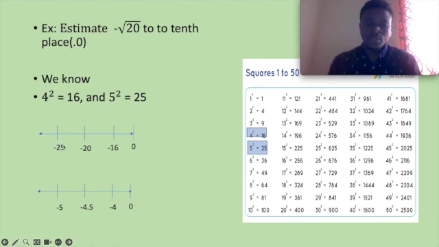Don't worry about the squaring, because when we square numbers, it always comes up to be positive. But because we're working in a negative range here, we're not going to worry about that right now. So to solve this problem and find the estimated number that the negative square root of 20 would give us, we have our two bounds here, 25 and 16, and we're trying to get a number in between those.